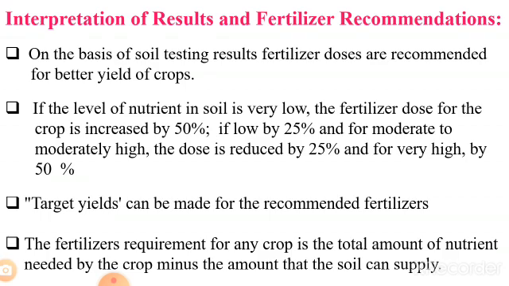So target yields can be made for the recommended fertilizers. The fertilizer requirement for any crop is the total amount of nutrients needed by the crop minus the amount that the soil can supply.